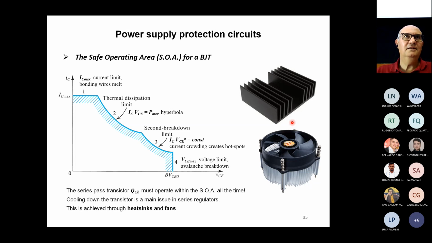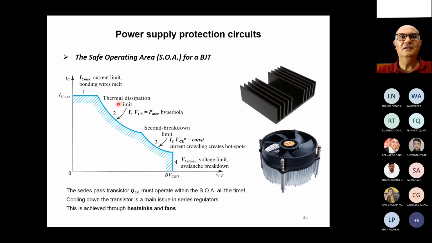And if you multiply this resistance times the power, you can get the temperature increase in the chip. And the chip of this transistor usually must never go over 120, 150 degrees. Otherwise, the transistor stops working or starts to work in a bad way.